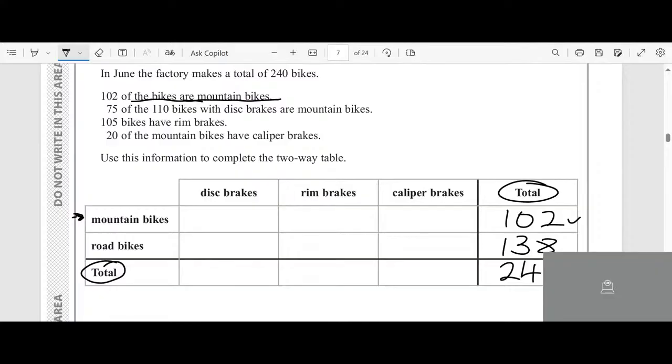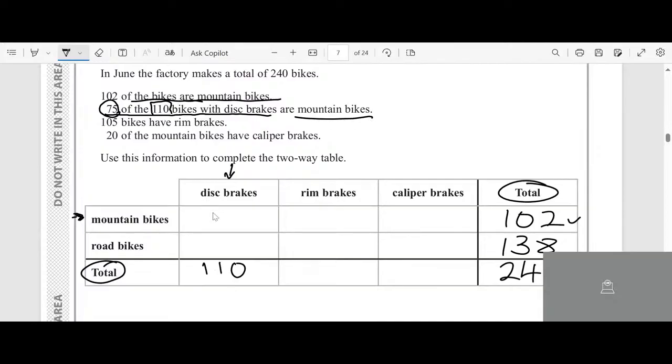Then 75 of the 110 bikes with the disc brakes. So they have talked about disc brakes. So we are under this side, going downwards. So 110 bikes means that all the disc brakes are 110. But the 75 of them are mountain.